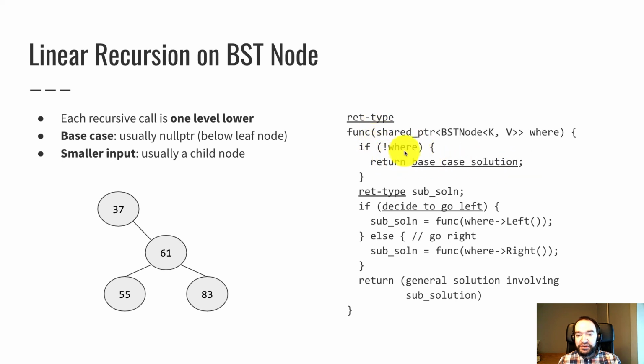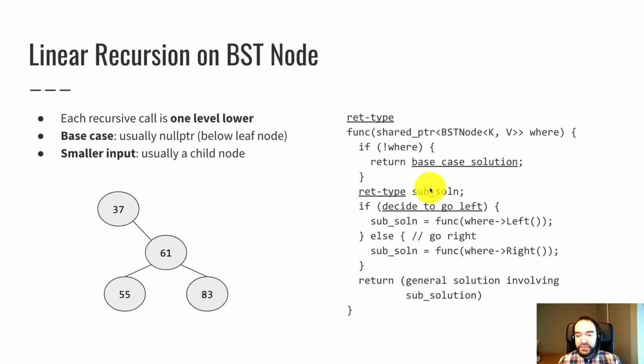This Boolean expression uses the fact that an empty shared pointer, otherwise known as a null shared pointer, is false when converted to a Boolean and true when the pointer is pointing at an actual node. So if not where means if where is pointing at null, nothing, then we're in the base case and return a solution there. We've got an underlined fill in the blank.